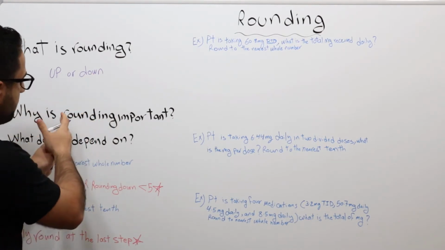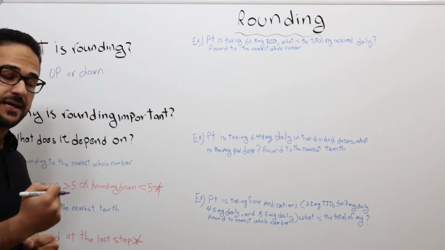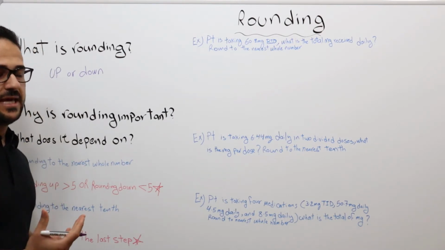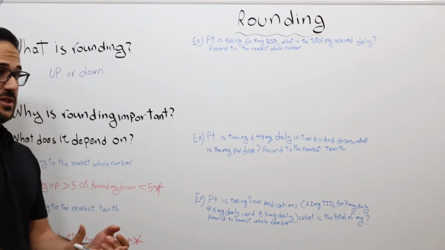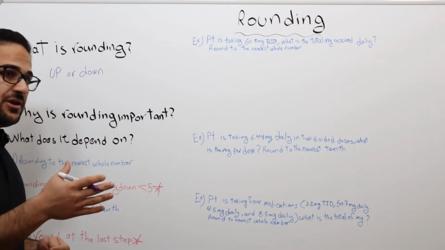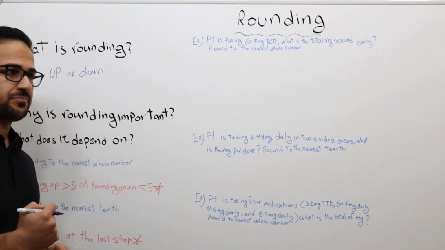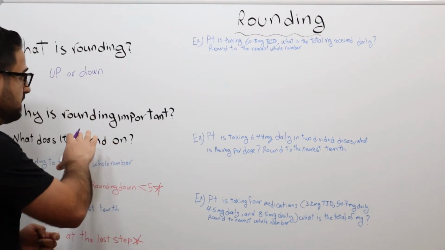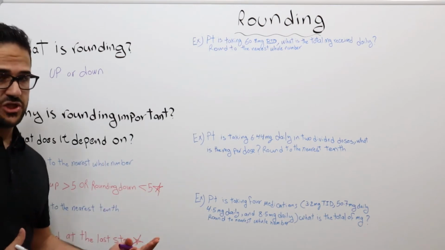And why is rounding important? Rounding is actually important because when dosing a medication to a patient, let's take a pediatric patient, these patients are small in size. Therefore, accuracy when it comes to dosing such medication is very important, as a lower or higher dose can cause a problem to the patient.